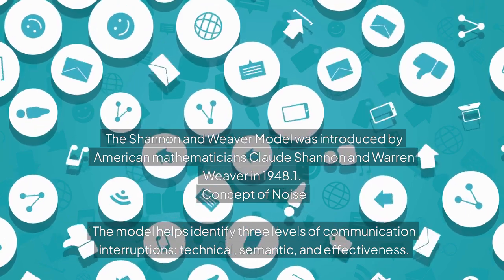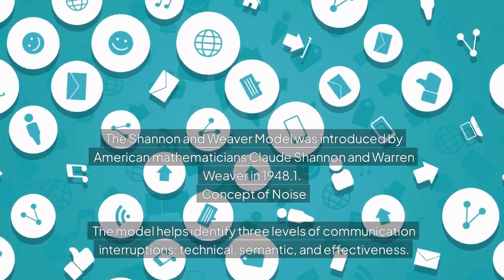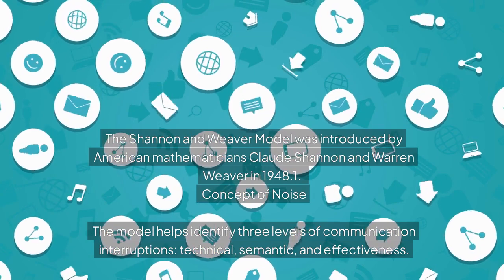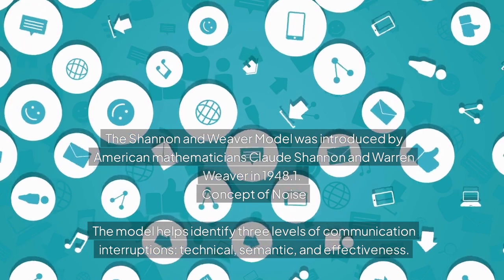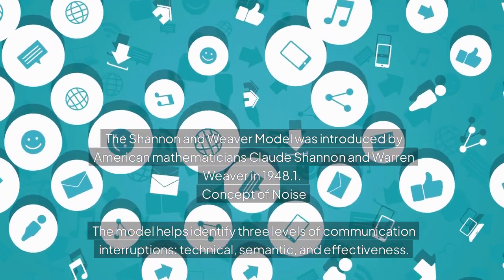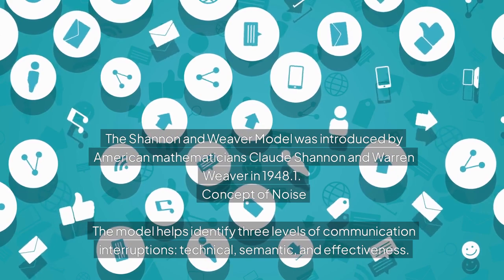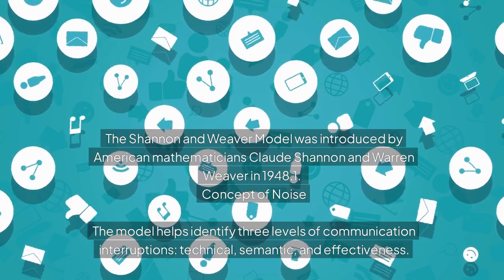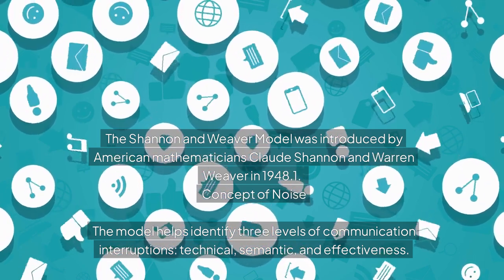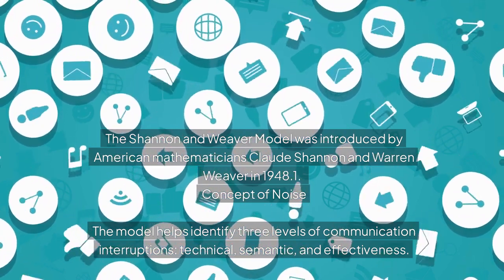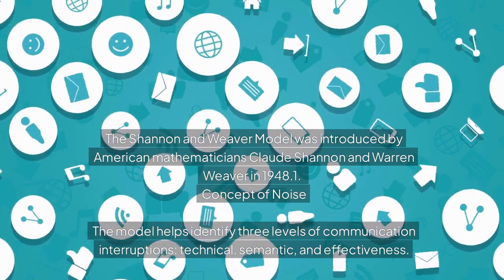We started with the concept of the Shannon and Weaver model, which started in 1948, and the most important thing this model tells us about is noise. And then there are three types of noise: technical, semantic, and effectiveness. Technical is related to technical issues, where our conversation might get distorted.